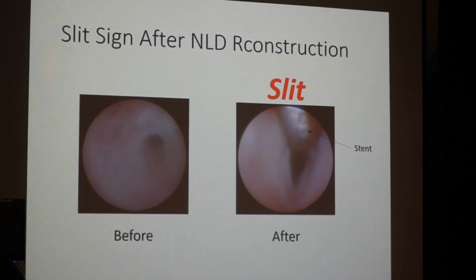And after reconstructive surgery using the microendoscope, using the lacrimal endoscope, you can see the lacrimal stent here, and after the reconstruction, you can see the slit sign here. So that slit sign tells us the reconstruction was perfect. So when we perform the reconstruction surgery using the lacrimal endoscope, we have to dissect the fibrous tissue until we can see the slit sign.